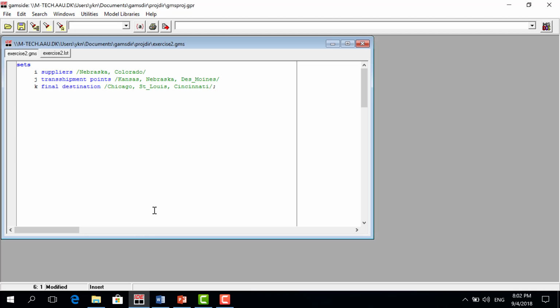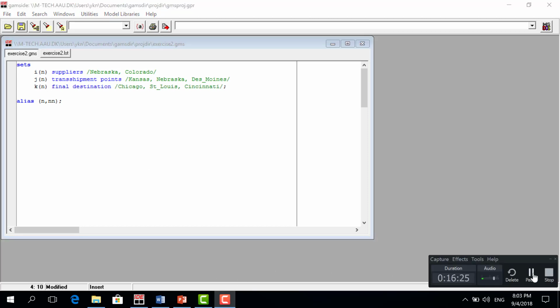We call it n, and therefore we have to put here alias. It is n comma mm and semicolon, and we have to put here i comma n, j comma n, and yeah, k comma n.